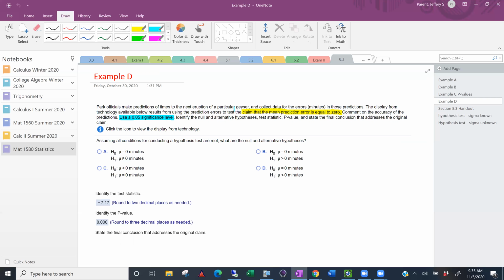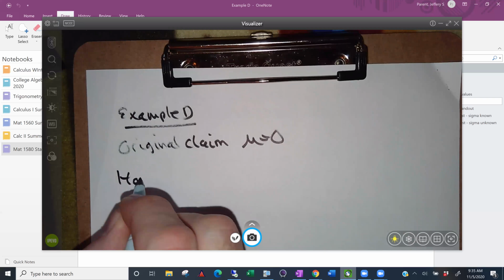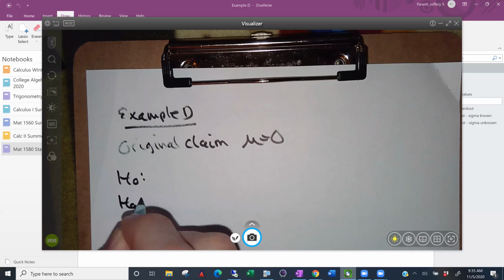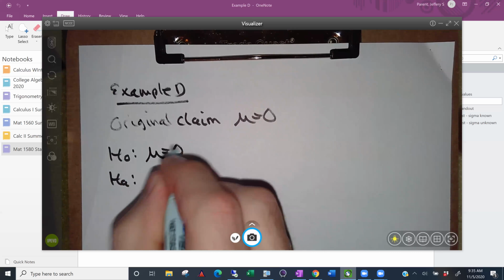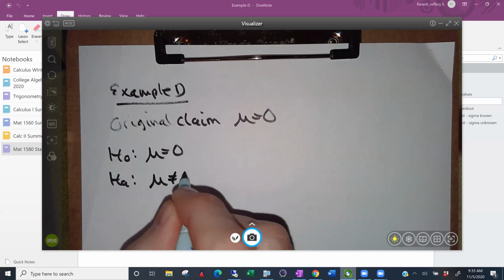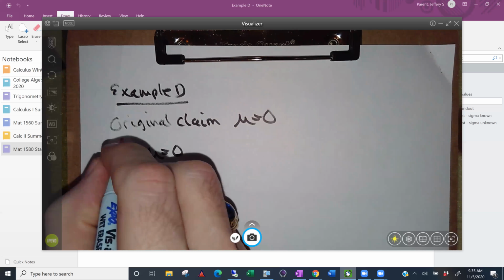Mu equals 0. Perfect. Mu equals 0. Thank you, Jada. So mu equals 0, is that going to be part of our null or alternative hypothesis? The null hypothesis. Mu equals 0. Mu not equal to 0 is going to be our alternative. So that's typically our step 1, establish the null and alternative hypotheses.